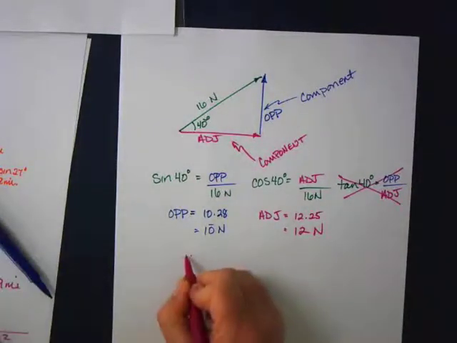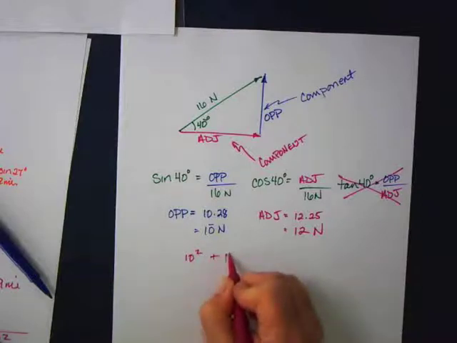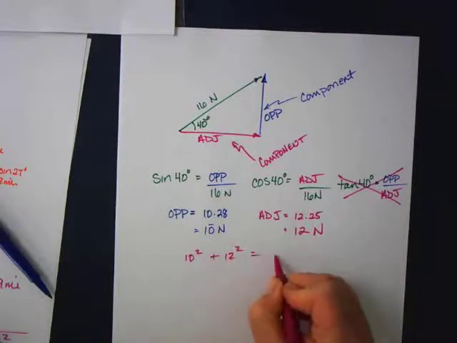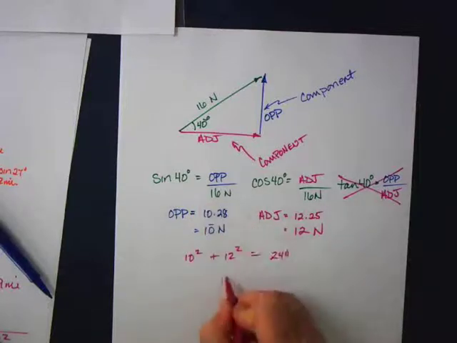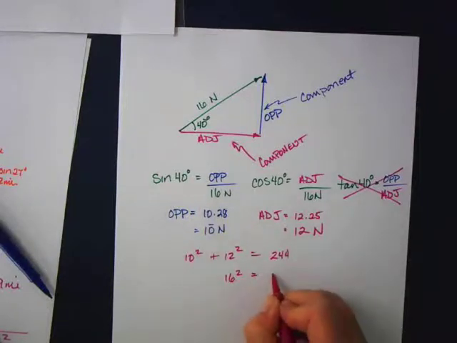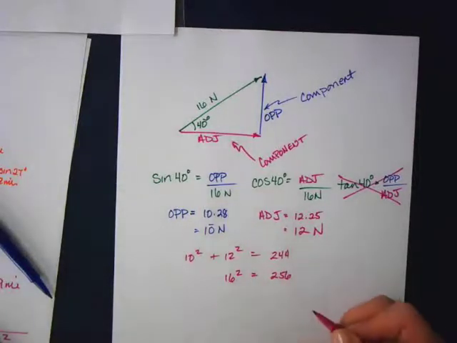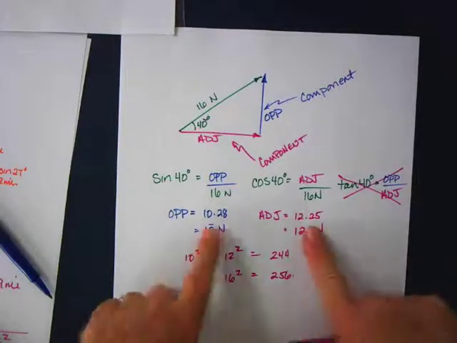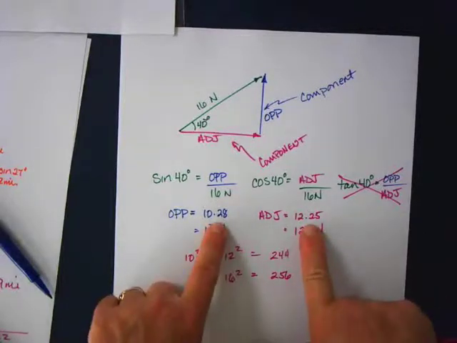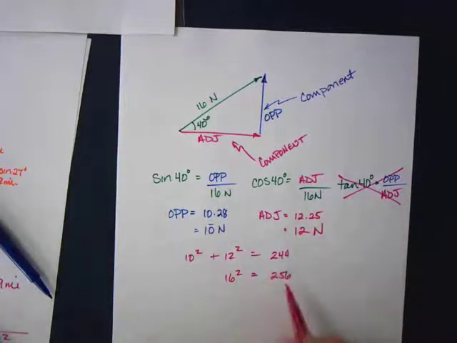I want you to try something real quick. If we try checking this, 10 squared plus 12 squared, when you add them up, is 244. 16 squared, which would be the hypotenuse, is 256. That's a pretty big difference, right? This is what I was talking about with trig functions sometimes, depending on how they round. Since we had to round down for both of these, the confidence limits made a pretty big difference here.